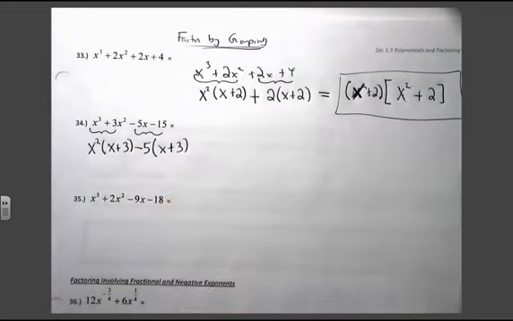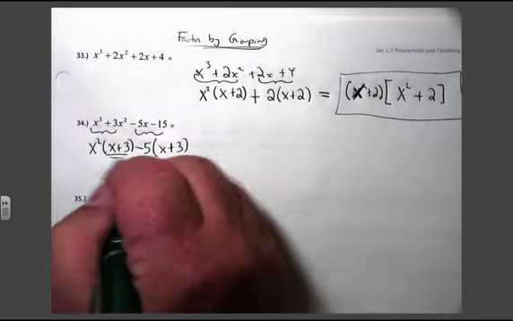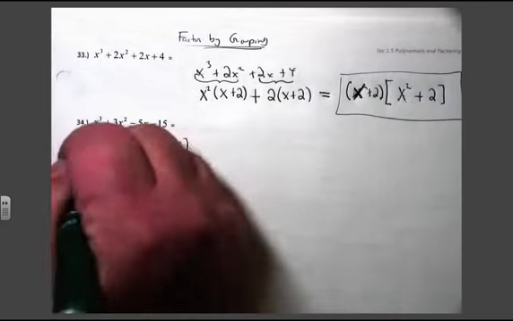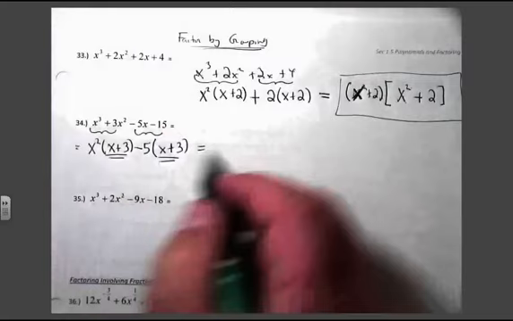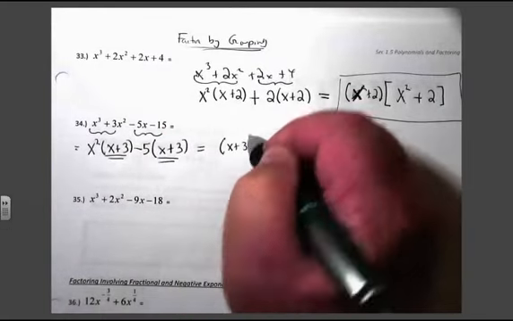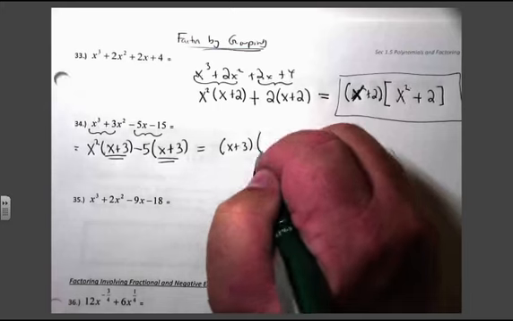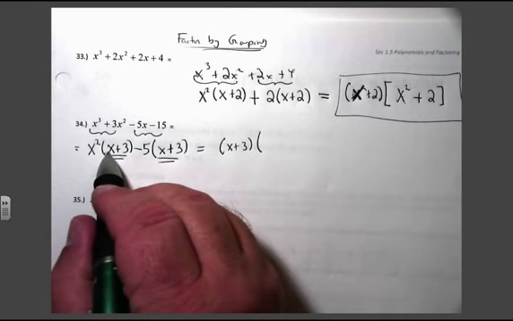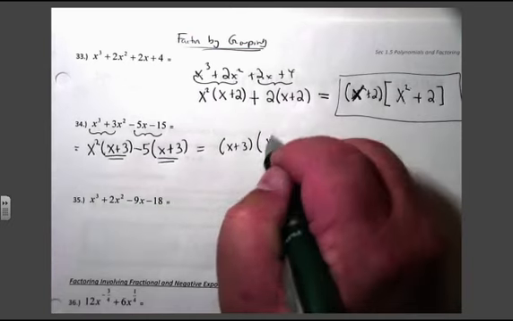And what a surprise. You know it's a factor by grouping problem when you see you have the same factor in both the first set term and the second set term. Now continue factoring. What do I have in common between these two terms now? The x plus 3. And I am left with, parentheses, when I factor the x plus 3 out of the x squared times x plus 3 term, I'm left with x squared.